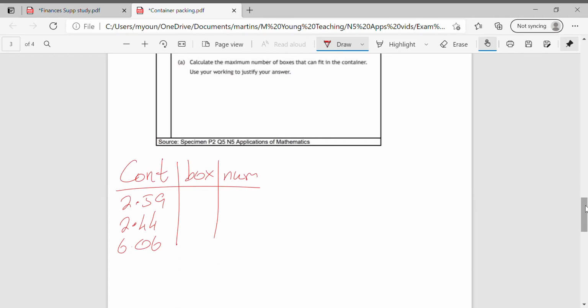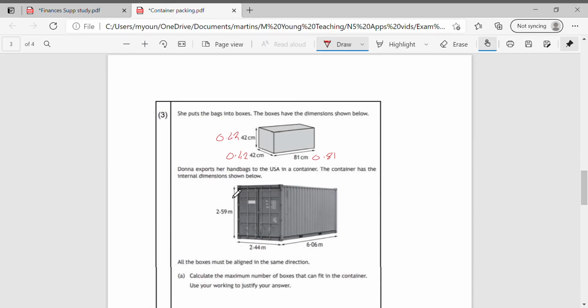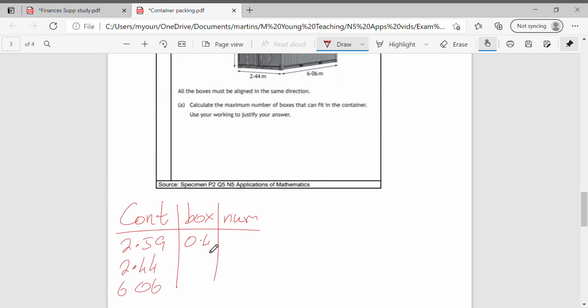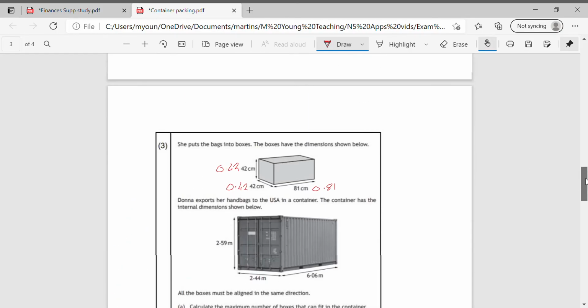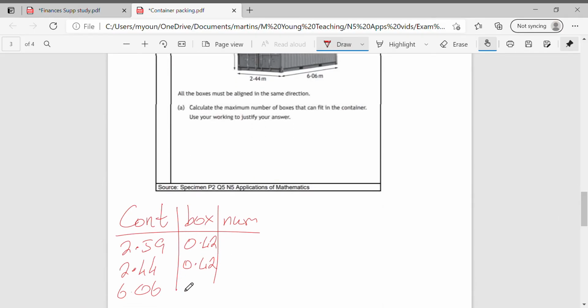Okay, so the 0.42, that'll be the 2.59 and the 2.44, so that's what we're going to put in here. And the 0.81, that's going to correspond to this length here of 6.06. Now I'm going to divide the left by the right to work out how many I could fit in.